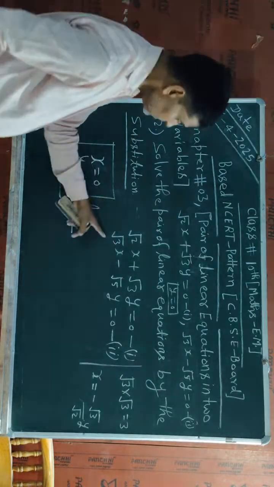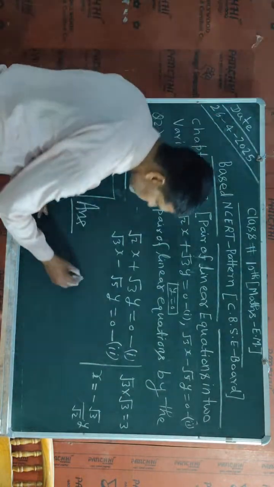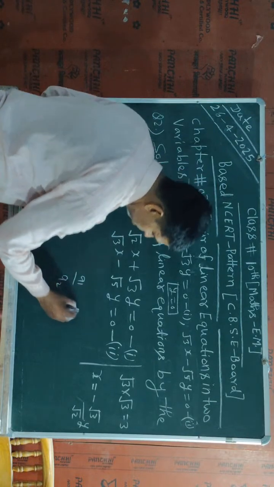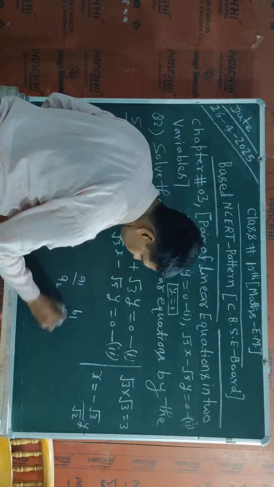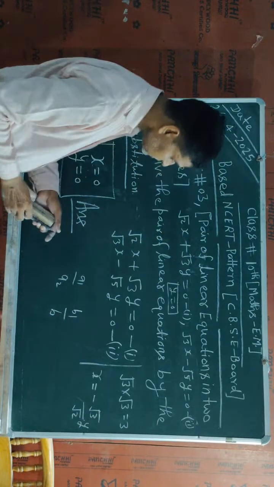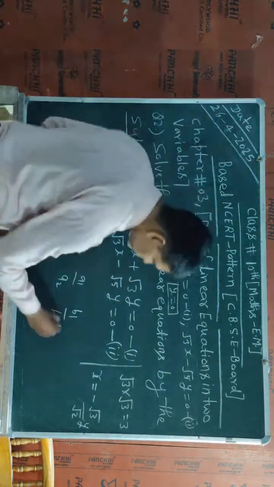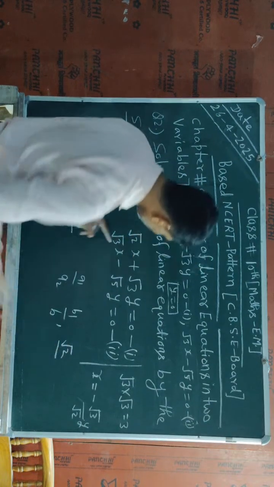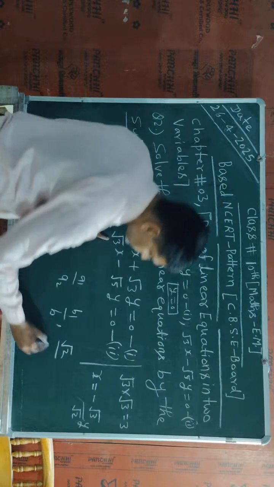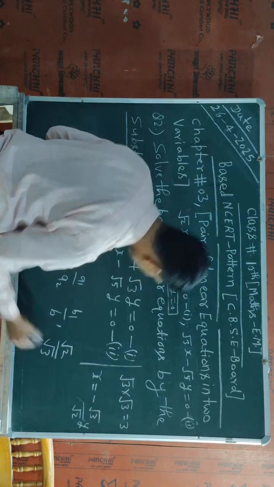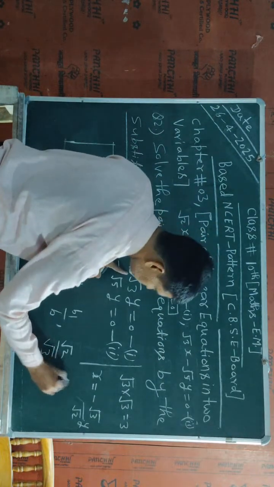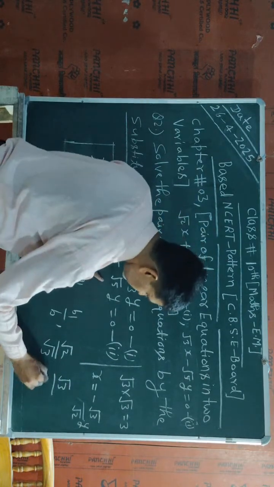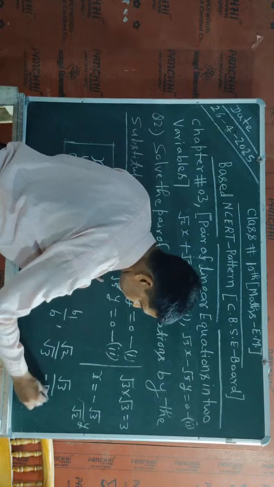Here I have the ratio of a1 divided by a2, and also b1 divided by b2. The value of a1 is root 2, the value of a2 is root 3, the value of b1 is root 3, and the value of b2 is minus root 5.